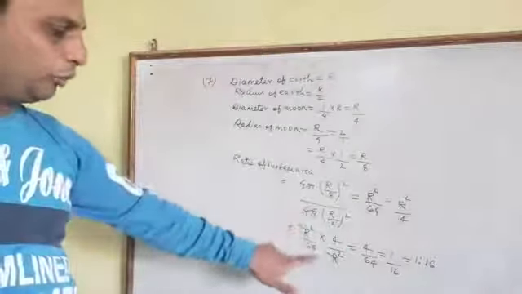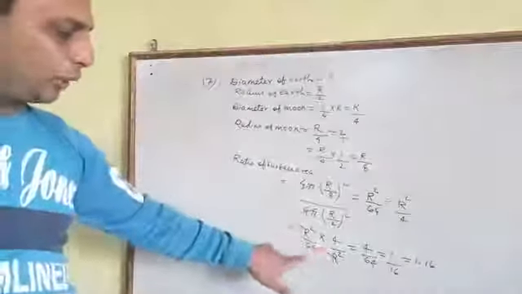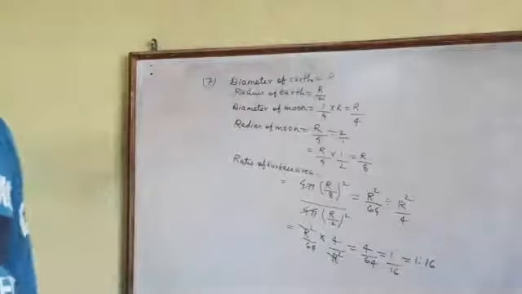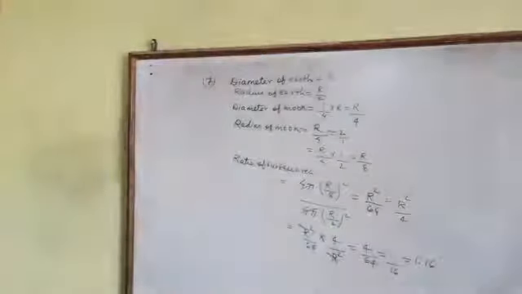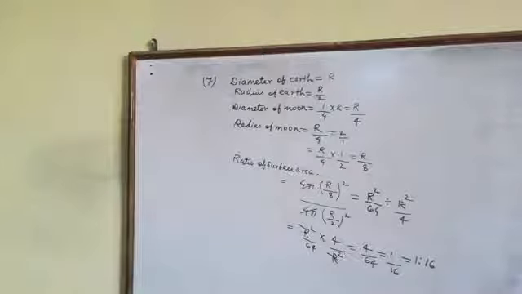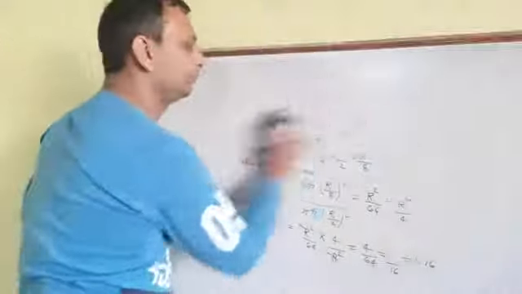Then the divide sign is removed, so 4 goes up, r square comes down, r and r cancel, 4 upon 64 cancels with the 4 table, giving 1 upon 16. 1 upon 16 is the answer. This completes question number 7. Now we will take the 8th question.